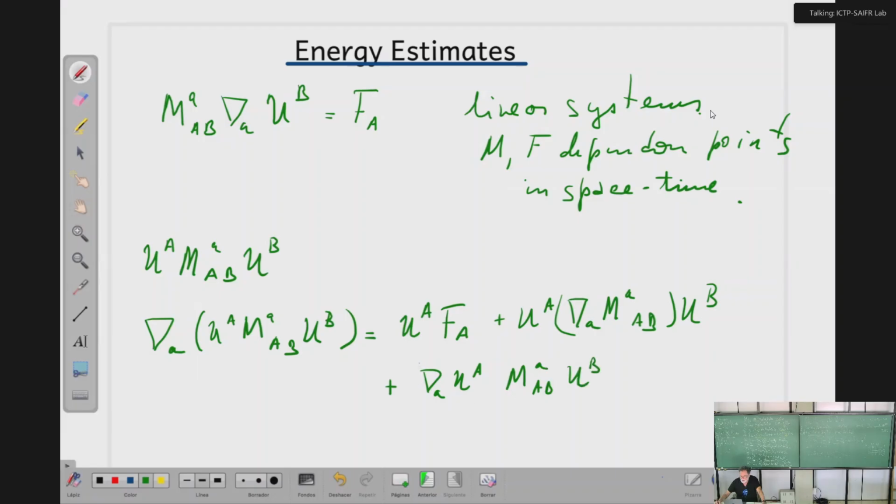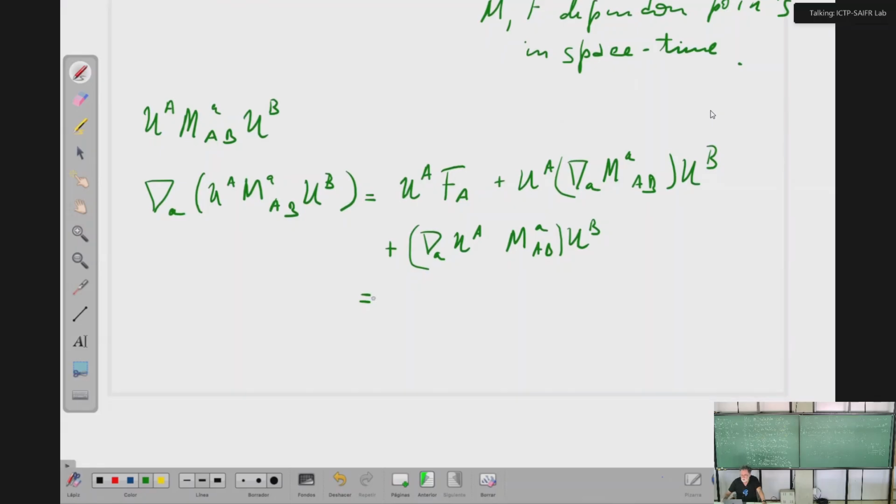But this here is again the equation because this is symmetric, right? So this is the same as BA. So this here is an F also. So the end result is 2 U_A F^A plus U_A U_B gradient of M^{AB}.